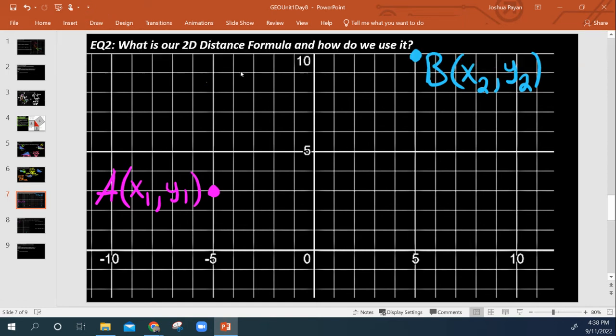Okay, so now let's get into how we can apply this to two-dimensional distance, right? So we've got 2 points, A and B here, right? So A is at -5, right, by +3. Okay, so that's my x1 and y1. Okay, and then point B is at +5, right, and +10.